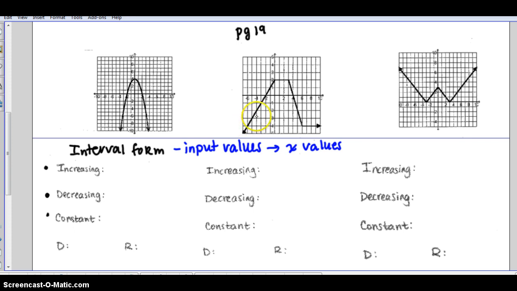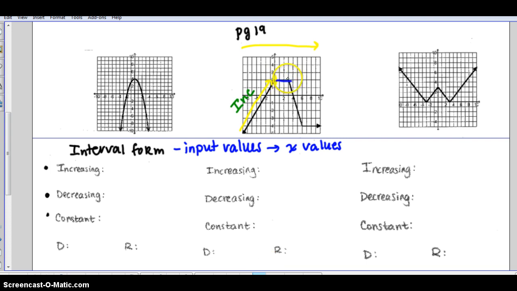So what we're looking at is, where is the graph increasing? And you read a graph from left to right, just like you read a book. So since the slope is positive, the graph is increasing to right here. So this is increasing. The graph is going up. It's just like the distance, getting further away. And then what happens right here is the graph is constant. It doesn't change.